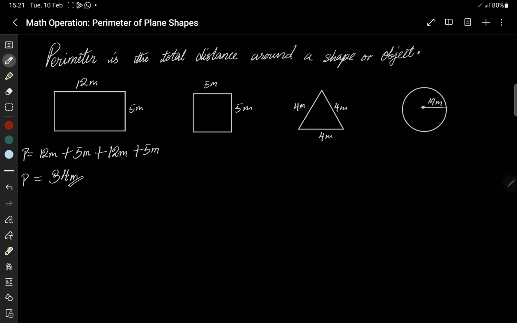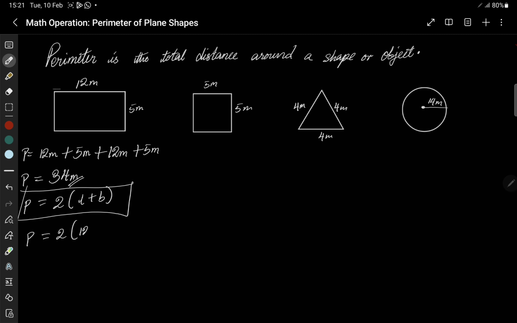You can also decide to use the formula for calculating the perimeter of a rectangle, because a rectangle has two lengths and two breadths. So perimeter is equal to 2 open bracket length plus breadth. That's if you choose to use the formula. In this case, perimeter is equal to 2. What is our length?